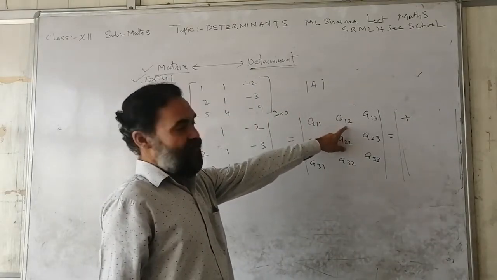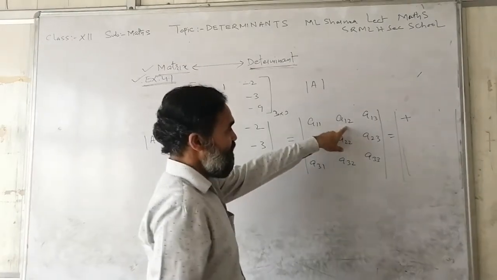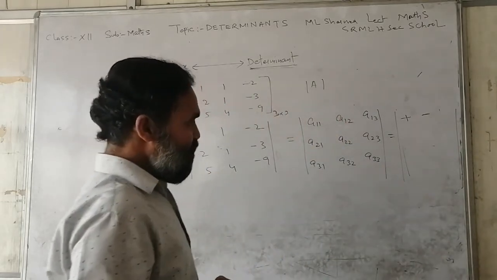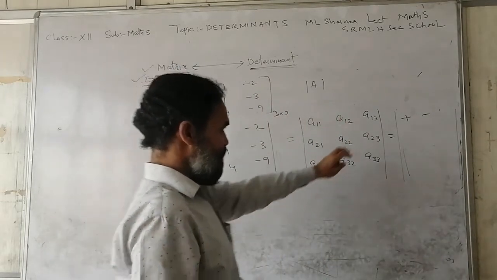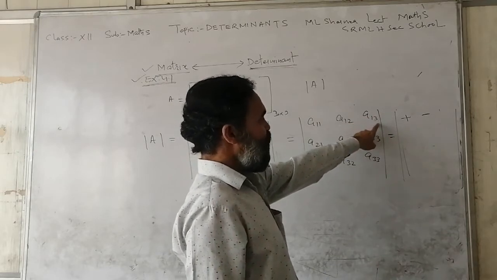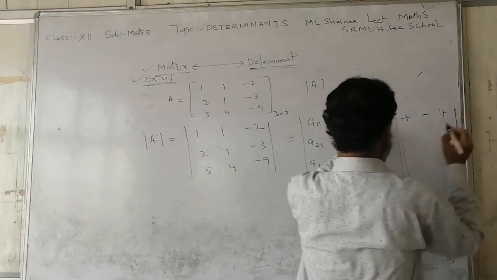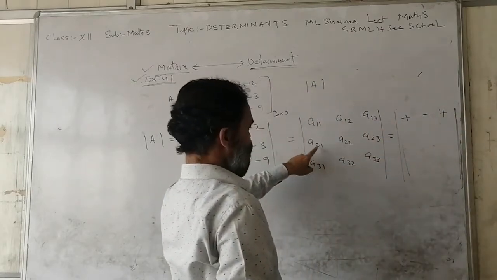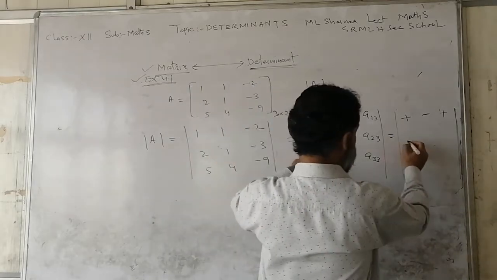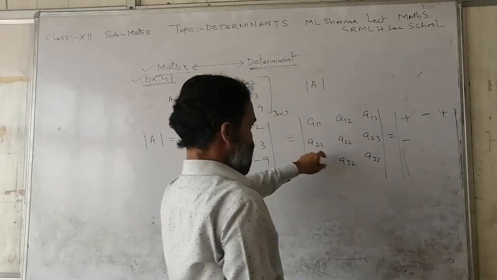Here, if I add 1 and 2, it is 3. Now 3 is an odd number. So if this is an odd number, I will use negative sign here. Here, for this element, 1 plus 3, it is 4. Now 4 is an even number, so I will use plus sign here. For this element, 2 plus 1, it is 3. So 3 is an odd number, so I will use negative sign here.